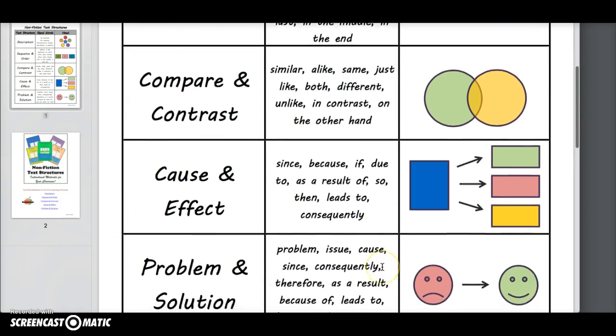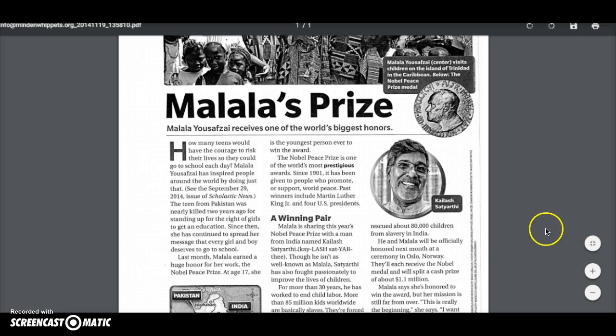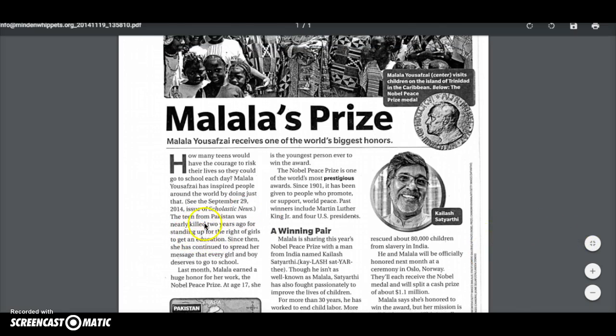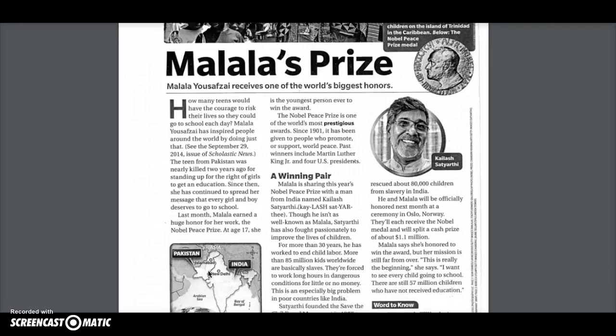The next text structure is cause and effect, and that's where an author would show me that because one event happened, other events happened. And I see traces of this here, because it talks about how Malala was nearly killed 2 years ago for standing up for the rights of girls to get an education. And then because of the work that she's done, Malala got the Nobel Peace Prize.